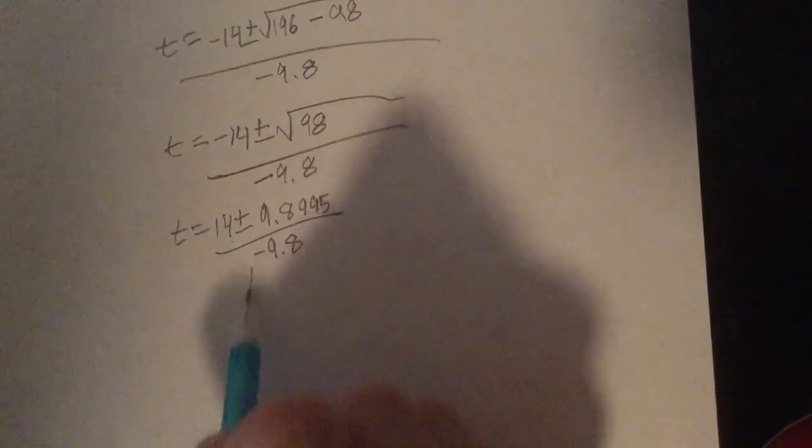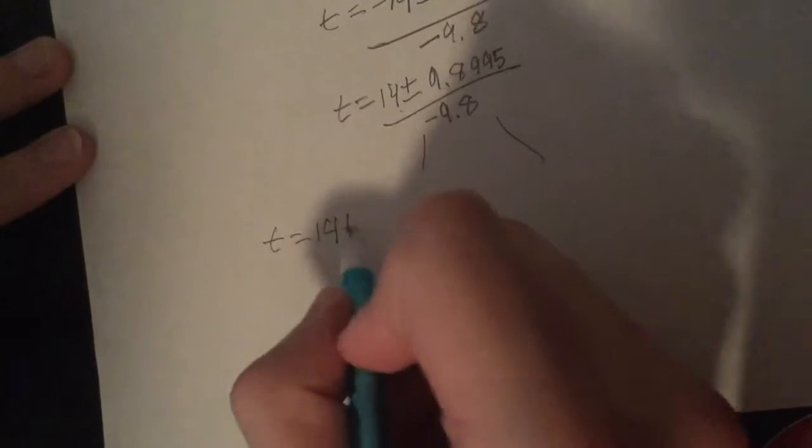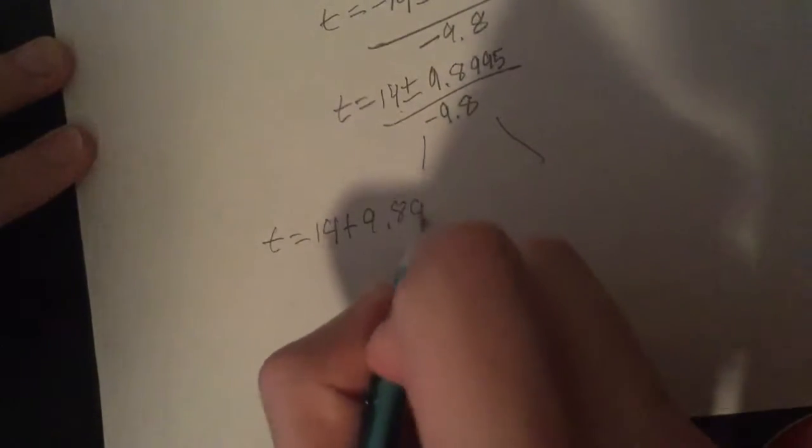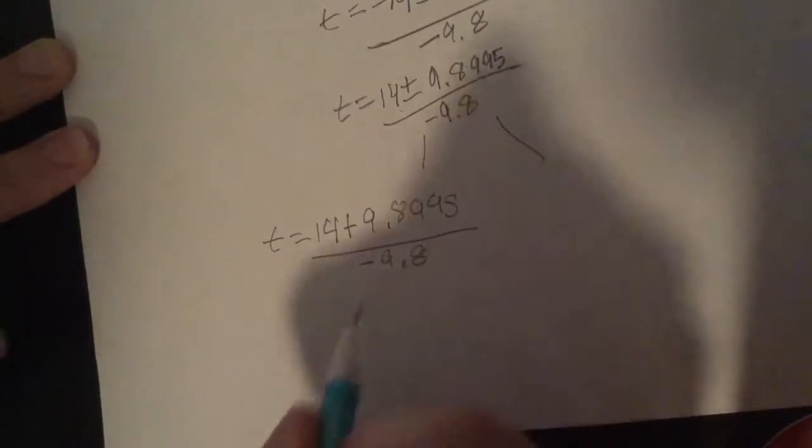From here, you're going to have to split it off, as I like to say. And over here, we are going to have the equation t equals 14 plus 9.8995 divided by negative 9.8.